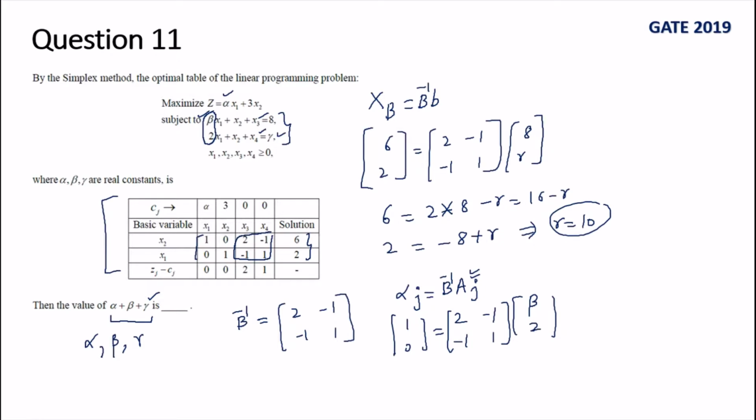Using this we can find beta. So 1 is equal to 2 beta minus 2. This gives 2 beta is 1 plus 2, 3, so the value of beta is 3 by 2. So the value of beta is also determined.